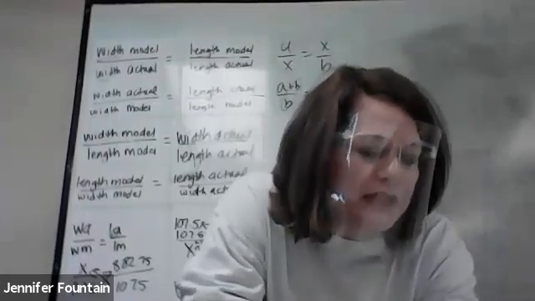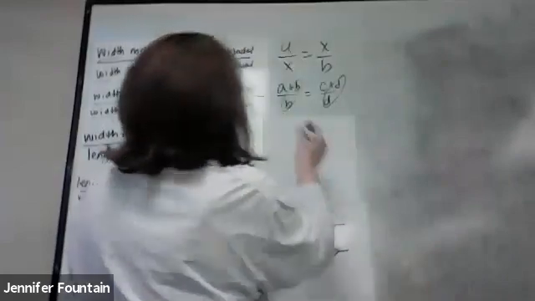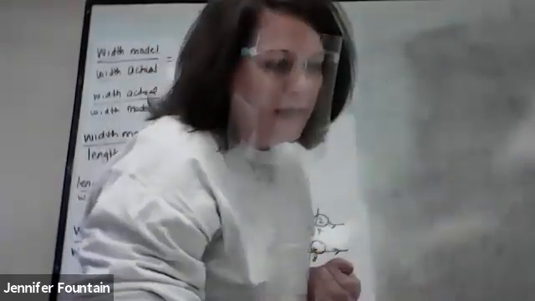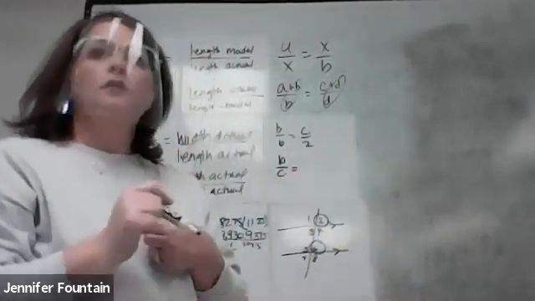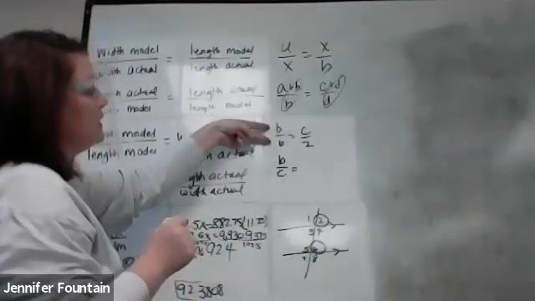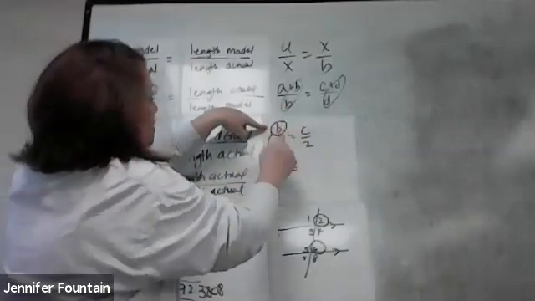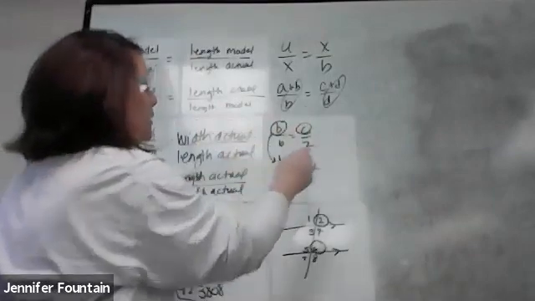Look at number 3. If B over 6 is equal to C over 2, then B over C is equal to what? Now notice here, if I've got B over 6 is equal to C over 2, I have taken B and put it in my numerator. C is now in my denominator. So what needs to be in my numerator over here?